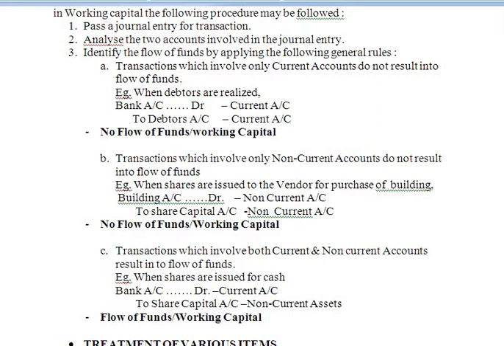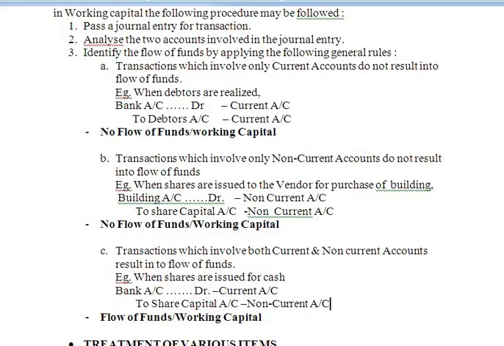Okay, next one, to share capital account. This is a non-current account. Now this transaction involves both a current account as well as a non-current account, and hence there is a flow of funds or flow of working capital.